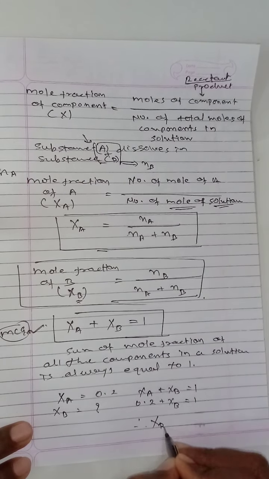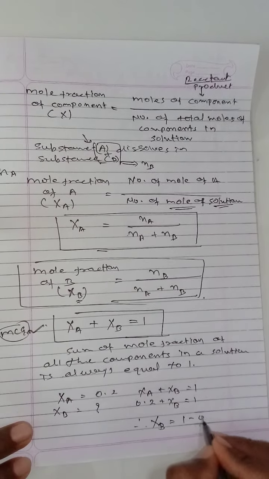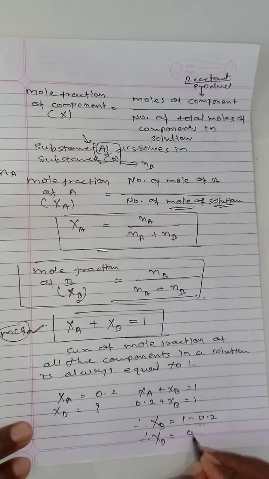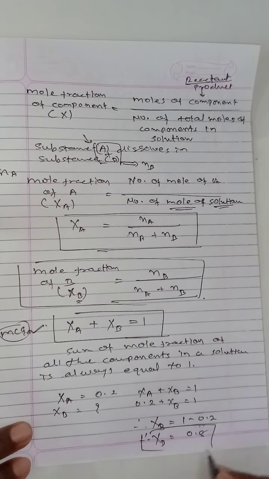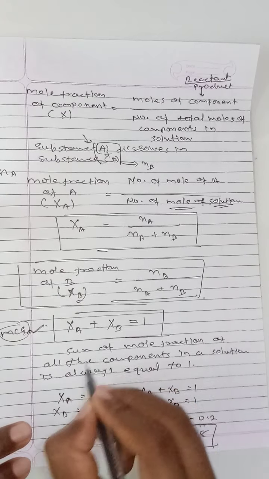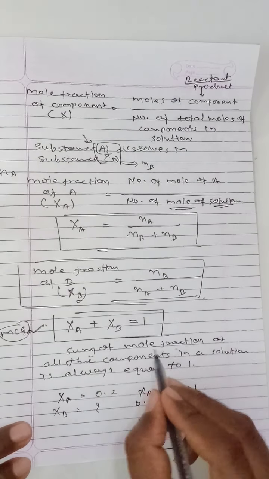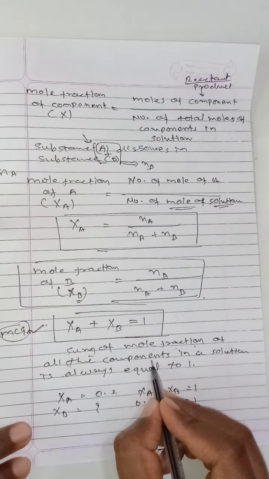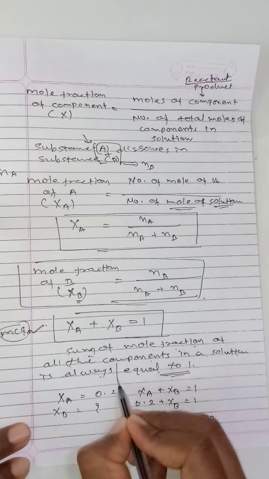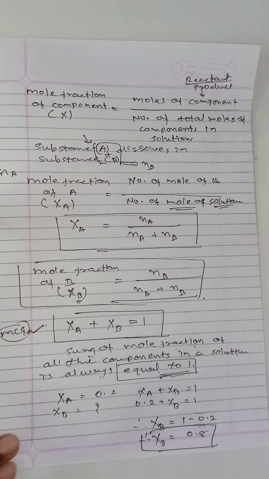Therefore mole fraction of B equal to 1 minus 0.2. Therefore mole fraction of B is equal to 0.8. Okay, so it is said to be always sum of mole fraction of all components in a solution is always equal to 1.